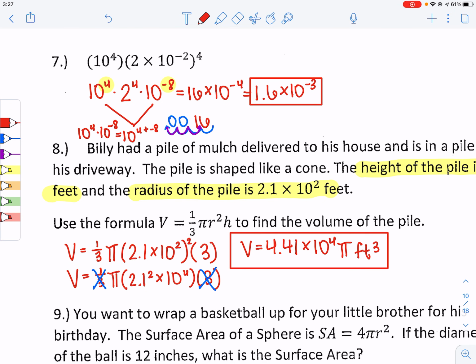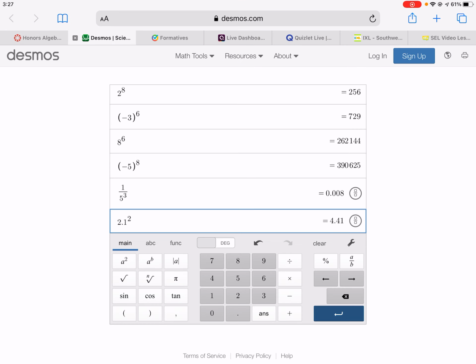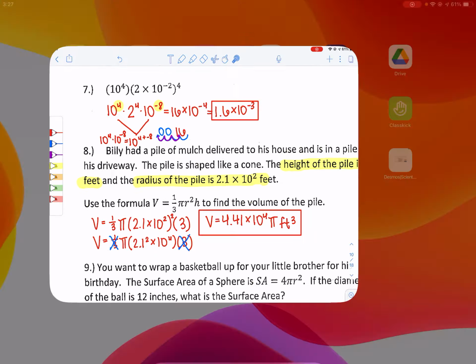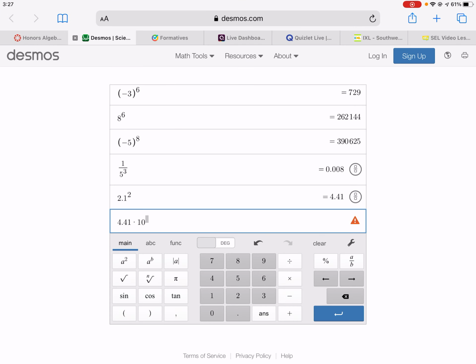If they want a rounded answer, let's figure out what that would be. So 4.41 times 10 to the fourth gives us this, and I need you to do that times pi. So find the pi button.